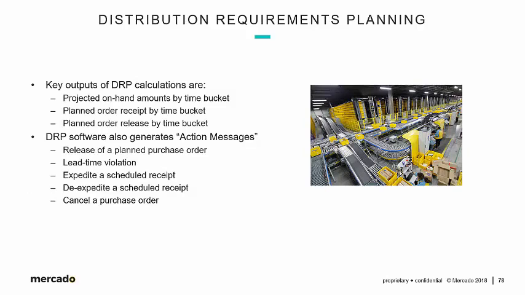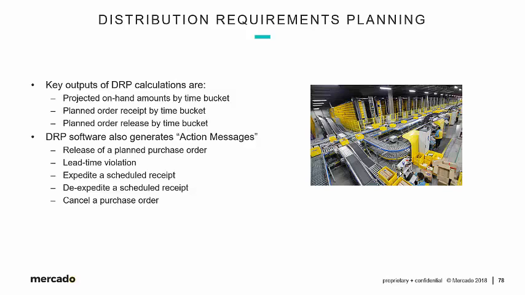Couple more slides in this section. DRP calculations have to generate specific outputs. Number one, projected on-hand amounts by time bucket. We already said that. But also, and this has to do with the purchasing side of things, how goods are coming into the DCs from overseas. Planned order receipts by time bucket based on what? Cumulative lead times.